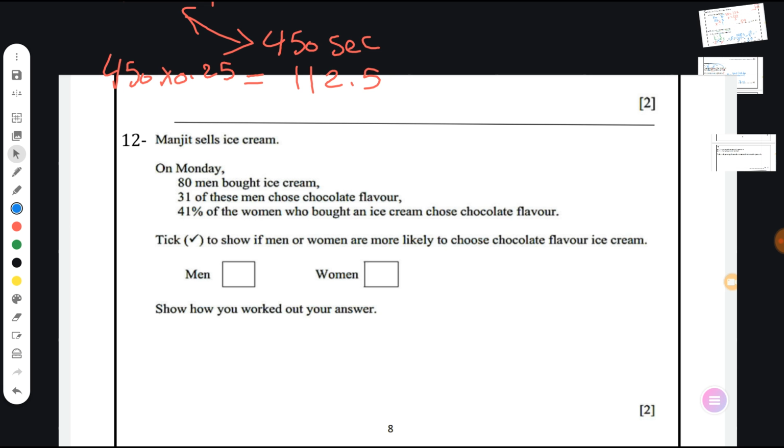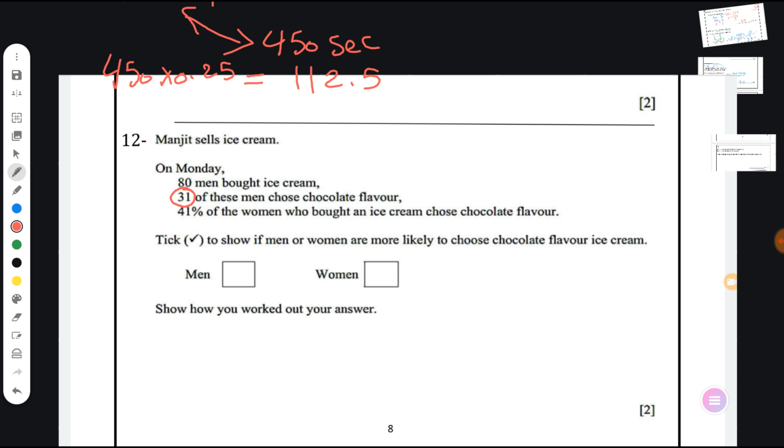Actually, I need to compare them in an easy way. You can convert the amount for men into a percentage. It's 31 out of 80.